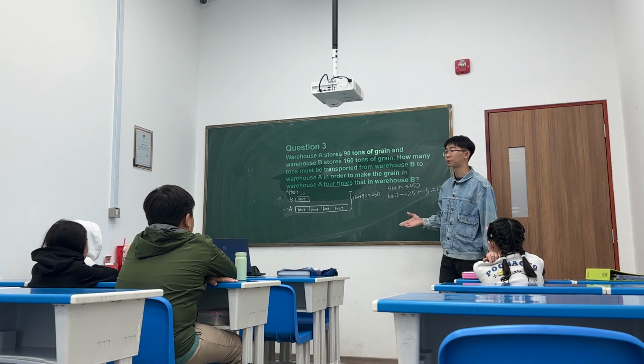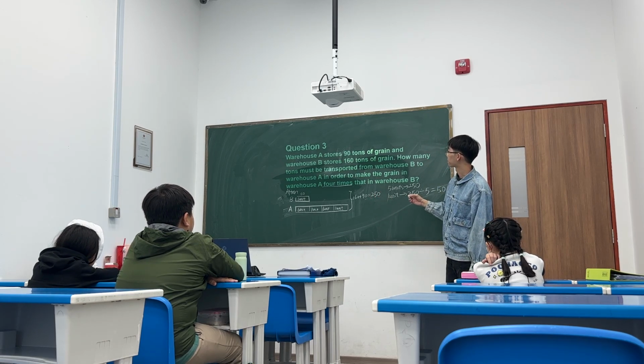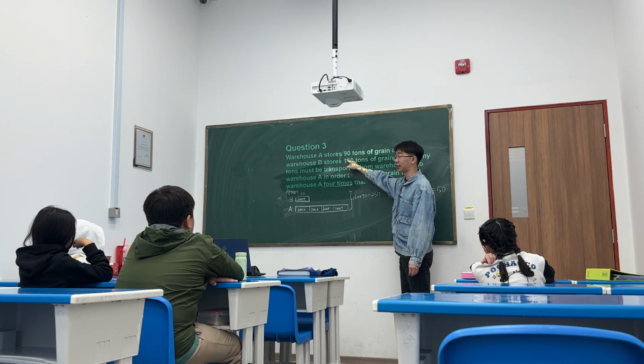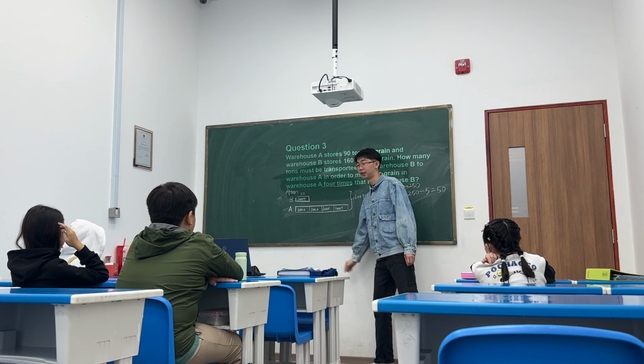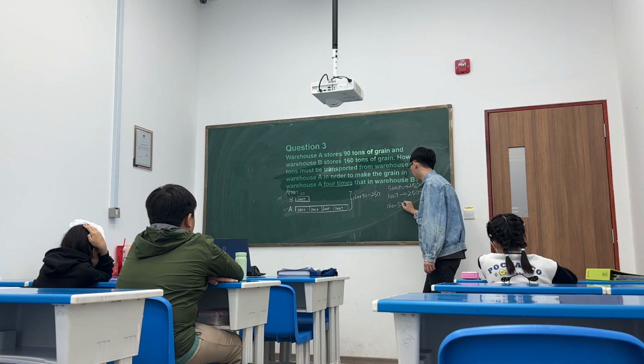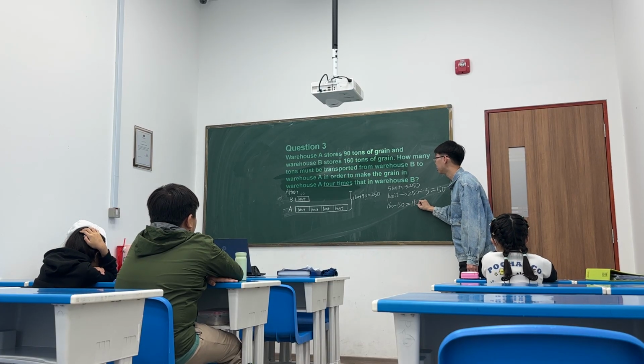So how many tons have been transported from B to A? So 160 minus 50. Excellent. So at first, B has 160. At last, it only has 50. So we can use 160 minus 50 to obtain the value transferred. This is just 110 tons.